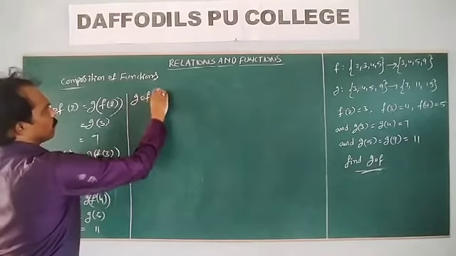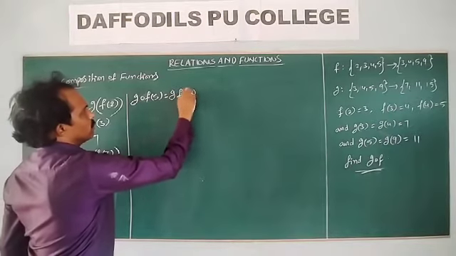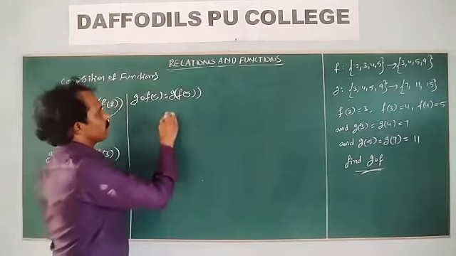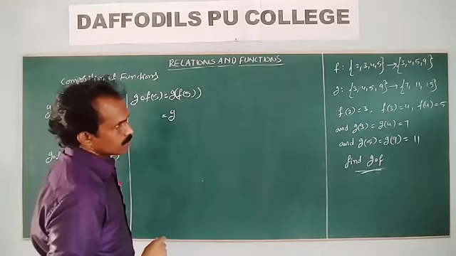G circle F of 5. How can we write it? G of F of 5. How much is F of 5?